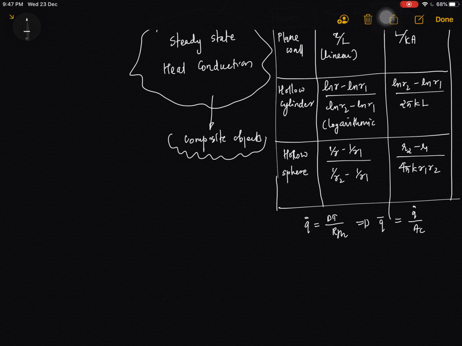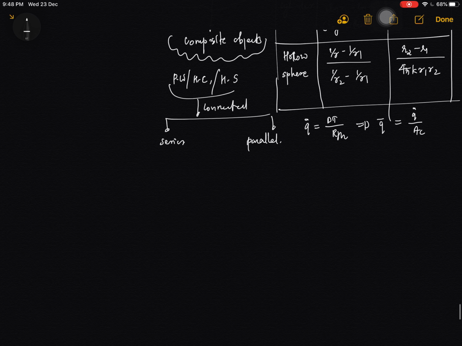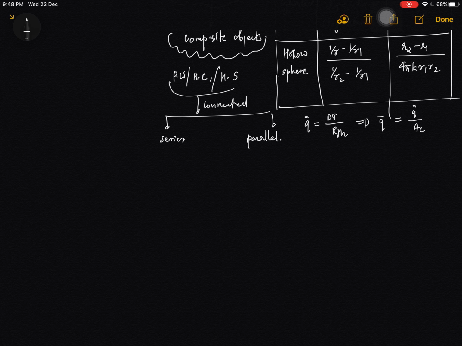And these composite objects are nothing but plane walls or hollow cylinders or hollow spheres, which are connected either in series or parallel combination. And for this type of composite objects we have to follow certain steps to analyze the heat transfer.